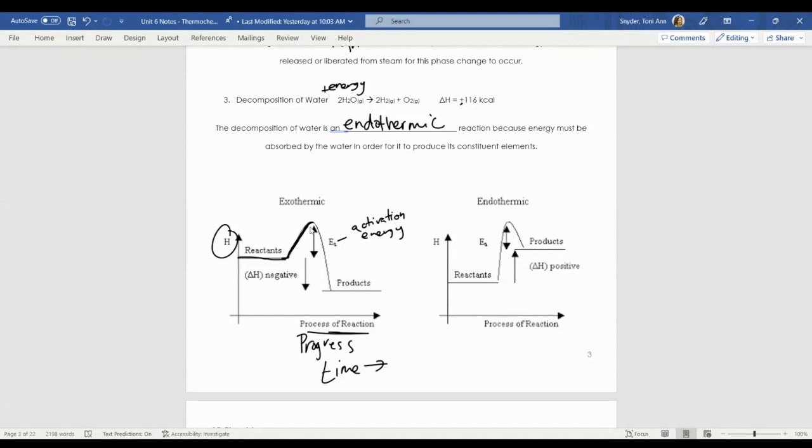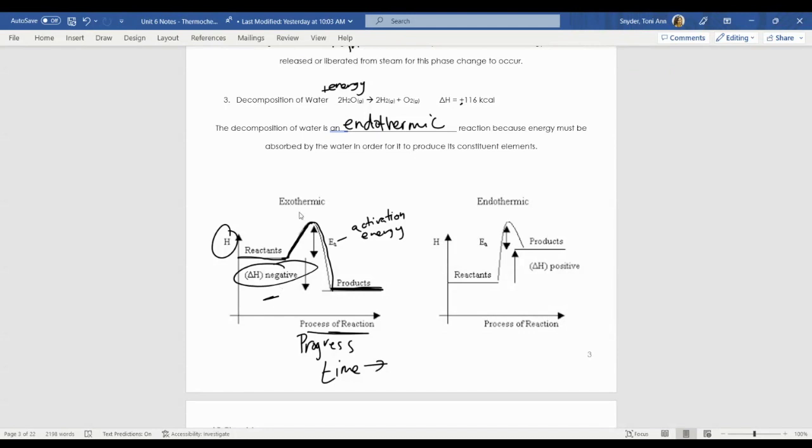Once we get over that hump, once we have added enough activation energy to get this reaction started, you are going to have some amount of energy that's associated with your products. So notice how my products are lower than my reactants. Because the enthalpy of my reactants is higher than my enthalpy of my products, products minus reactants is going to give me a negative value.